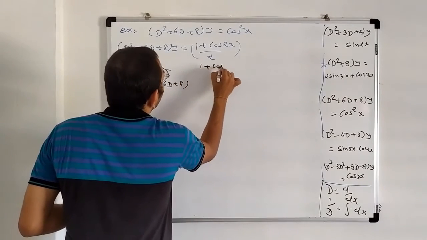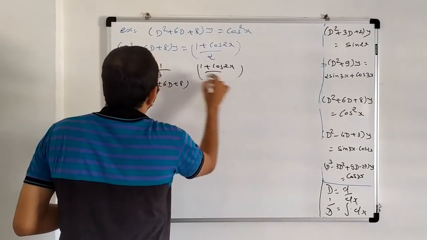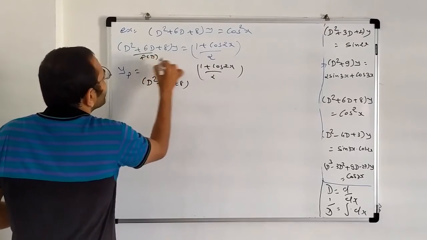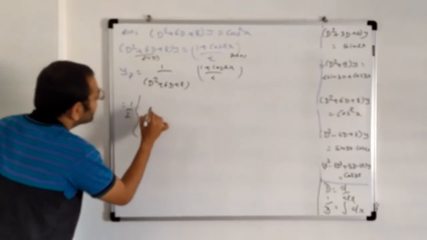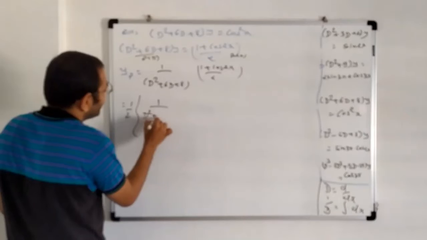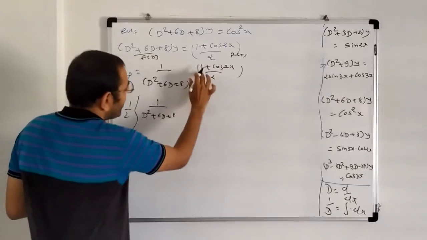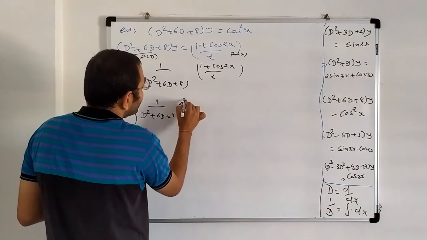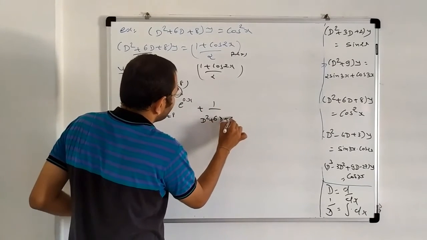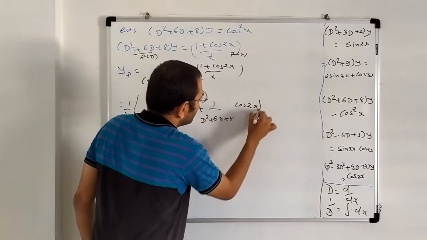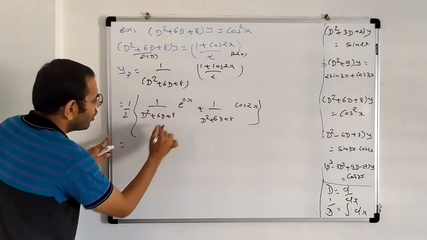Here (1 plus cos 2x) by 2 is our r of x. Then 1 by 2, which is constant. Then we get D square plus 6D plus 8, here 1, which we can write as e raised to 0x, plus 1 upon D square plus 6D plus 8, here cos 2x.